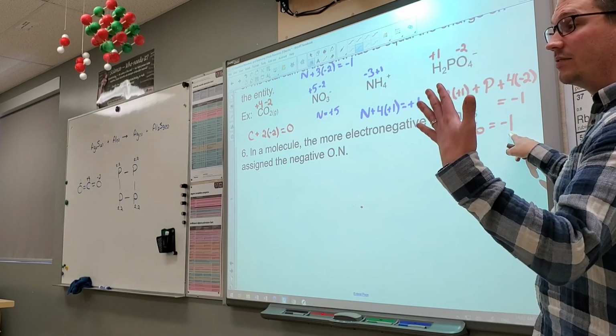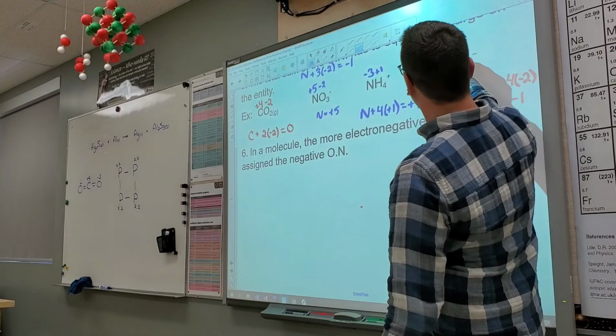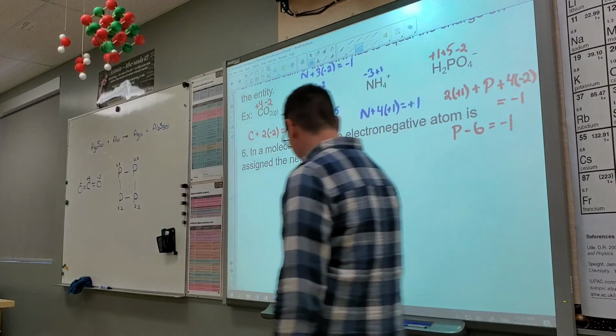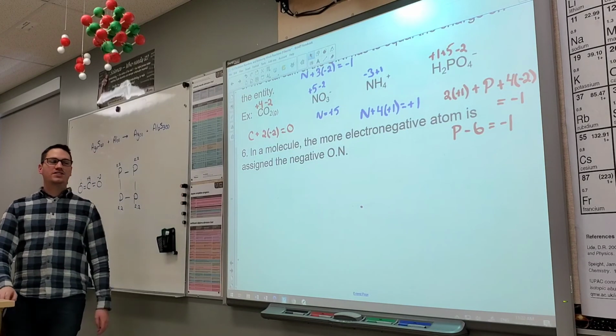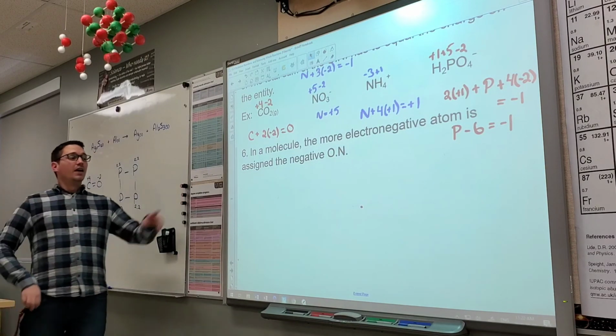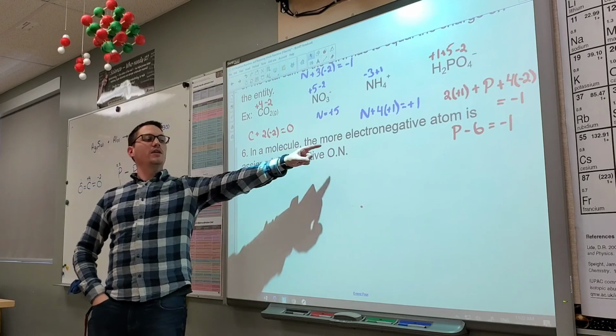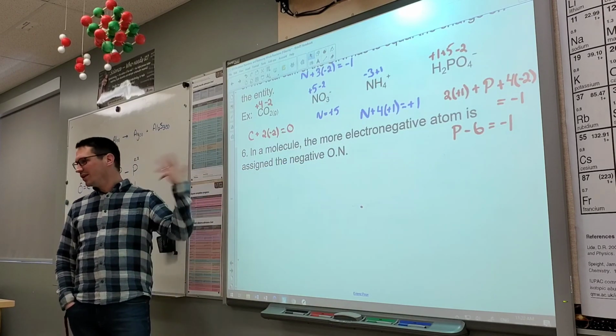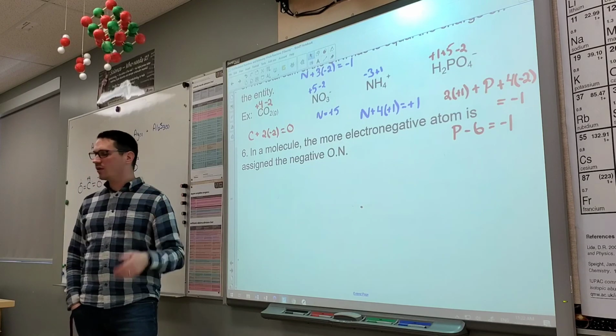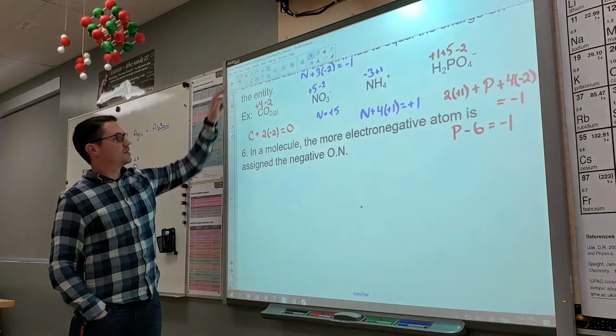Plus 5. There you go, plus 5. Boom! Lovely. That was really tough. In a molecule, the more electronegative atom is the one that's assigned the negative oxidation number. But we already talked about that, right? We talked about that with OF. So, okay, whatever. That's totally fine.